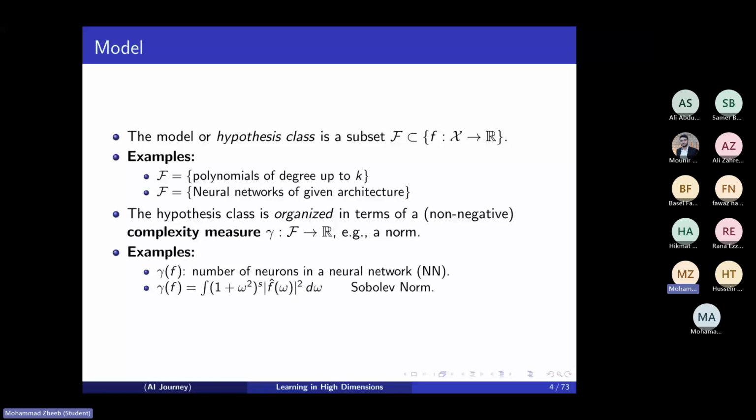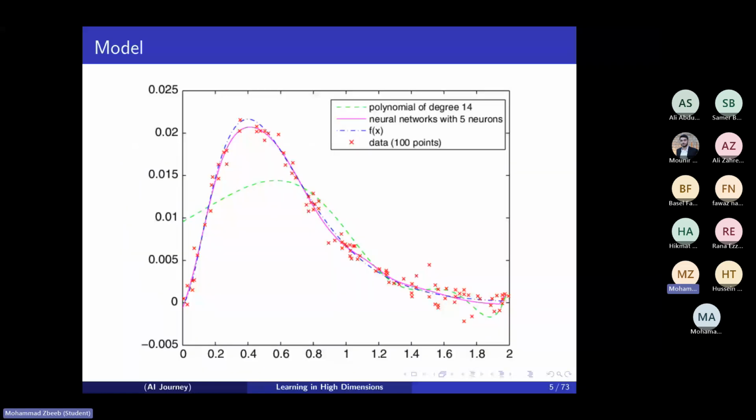And to see the capacity of models more, I'm showing here data points, the red X, and the hidden function F star, which is in blue, and I'm trying to fit two models. The first is a neural network with 5 neurons, and the second is a polynomial of degree 14.